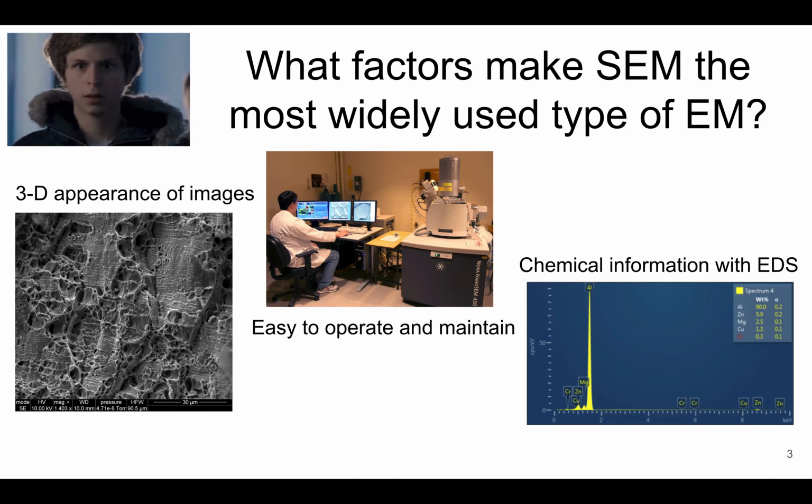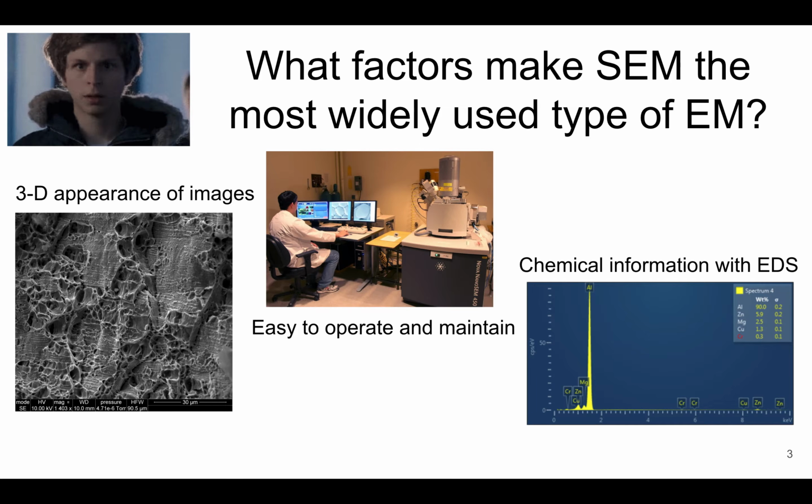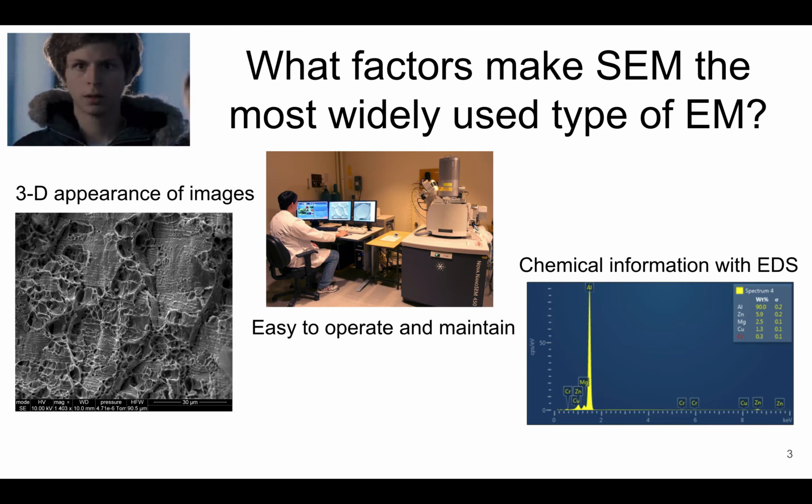And lastly, the SEM, which is a microscope used for imaging, can also be coupled with other instruments like the EDS, which we just talked about in the previous module, so I wanted to bring it up here. When coupled with things like EDS, it can give you chemical information: what elements are present and in what quantities.